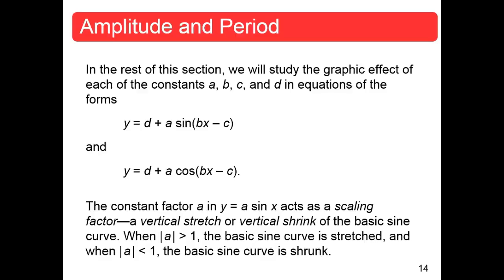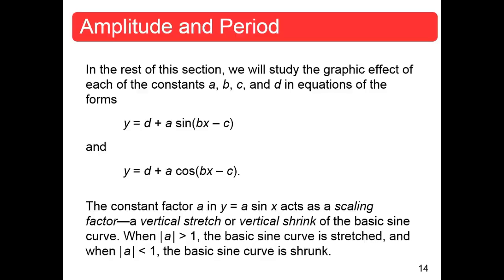The rest of this section, we'll study the graphic effect of each of the constants, A, B, C, and D, in this equation. Why they write it this way, I'm not absolutely sure. It seems to me they should write this A cosine, I don't really like B minus C the way they do it, Bx minus C plus D. Why didn't they put the plus D down here?